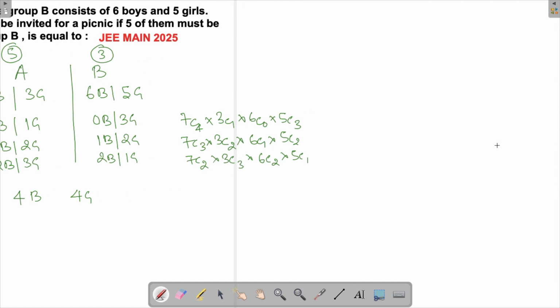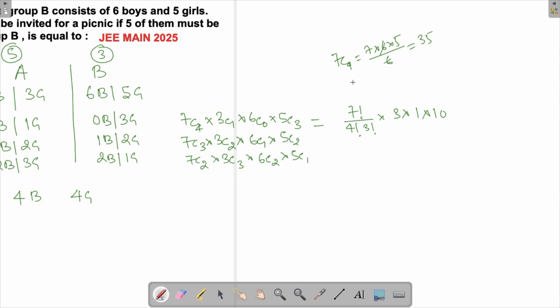Now our job is to calculate this. 7C4 is factorial 7 upon factorial 4 into factorial 3. Then 3C1 is simply 3 itself, 6C0 is 1, and 5C3 will be 10. It would be better if we remember this. 7C4 is 7 into 6 into 5 upon 6, which is actually equal to 35.